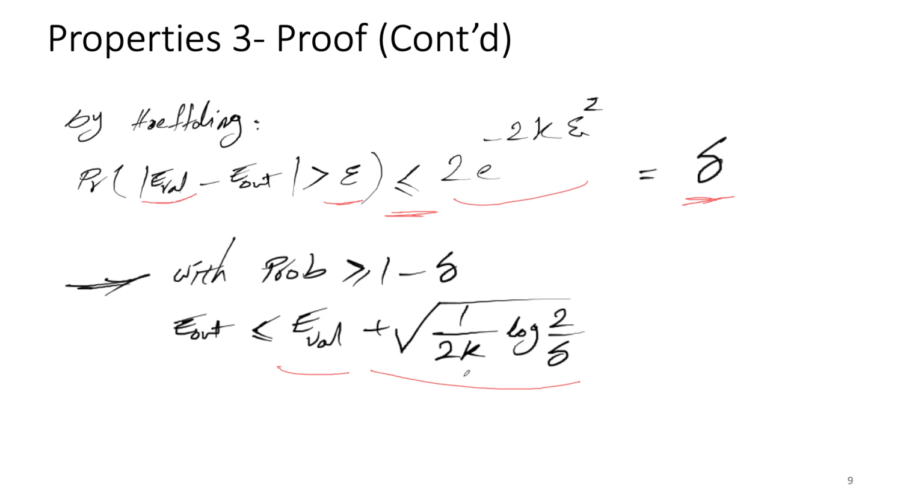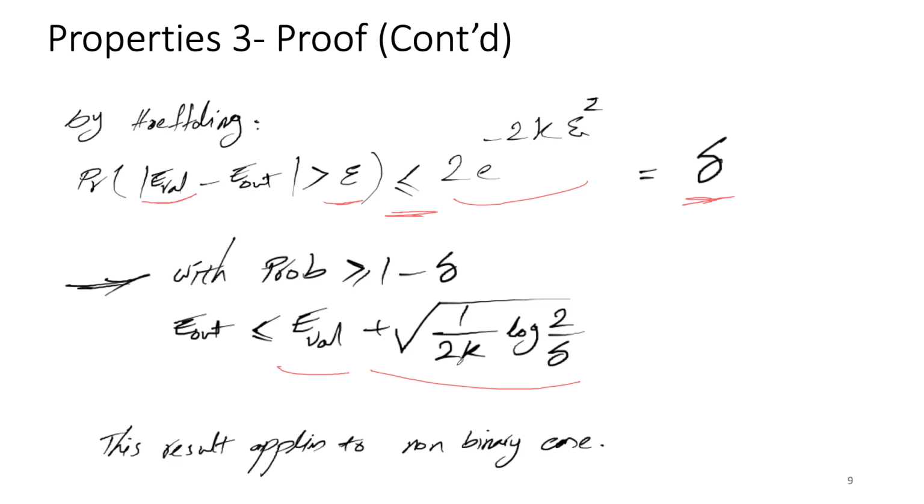Now we have an upper bound. So now we can play around with defining how we're going to limit our out of sample error using a validation set, right? So now the only parameter left here is that k, and we have to decide it while we do training, right? In practice, how we're going to come up with the right k.